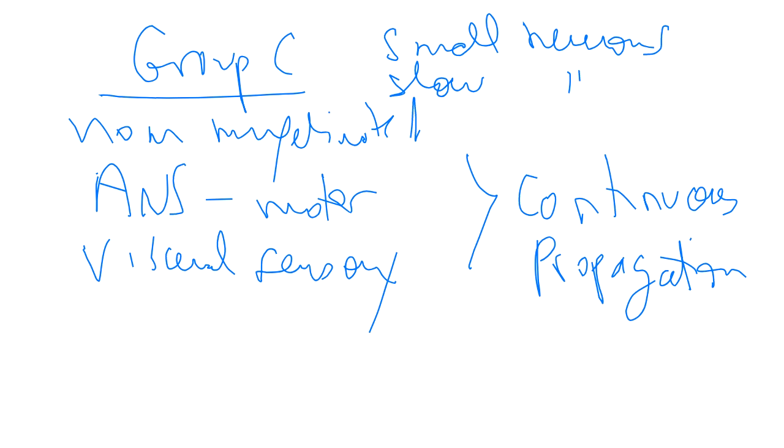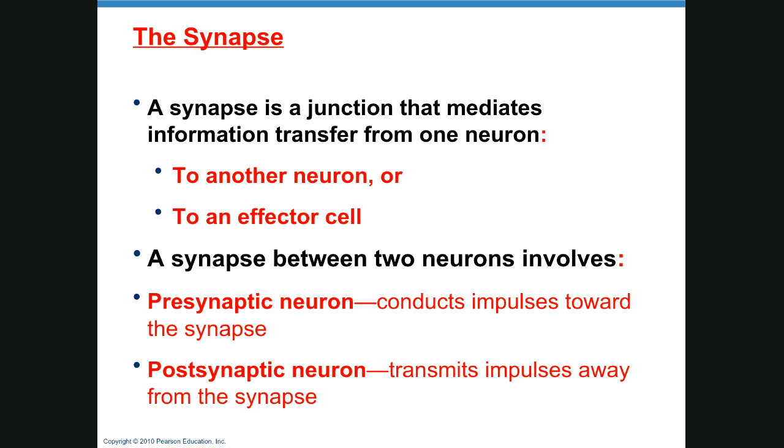Okay, so let me go ahead and wrap it up with chapter 11, part C. And this looks at the synapse, which are the places where two neurons come together. So we're going to have a presynaptic neuron before the synapse and a postsynaptic neuron after the synapse.